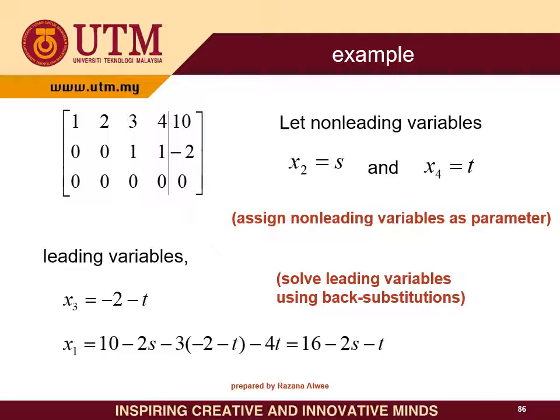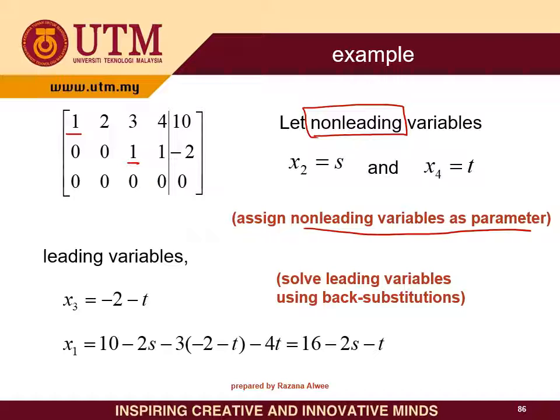When we have this situation, we let the non-leading variables be parameters. So this is a leading variable, the x1, and then we go down, this is the leading variable, the x3. So assign the non-leading variables as parameters.